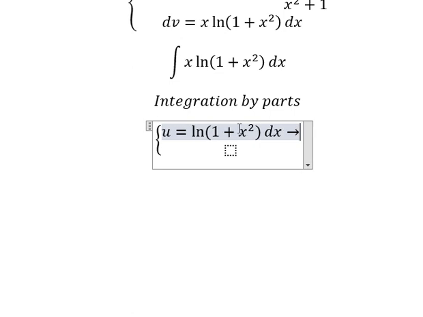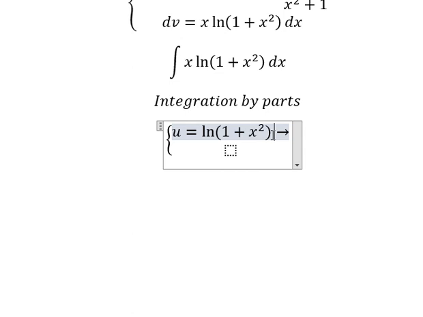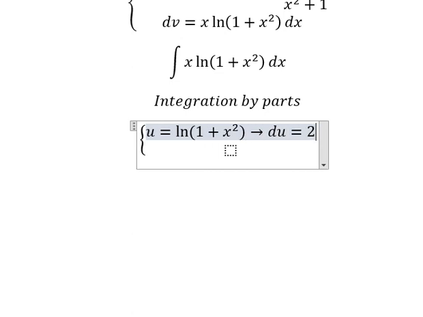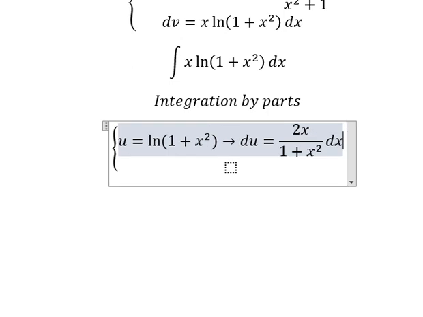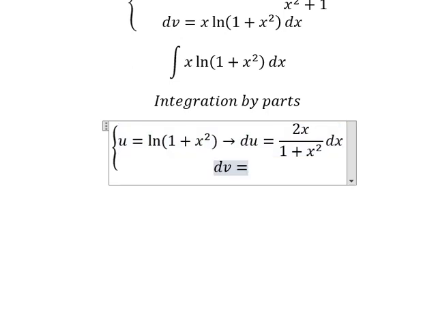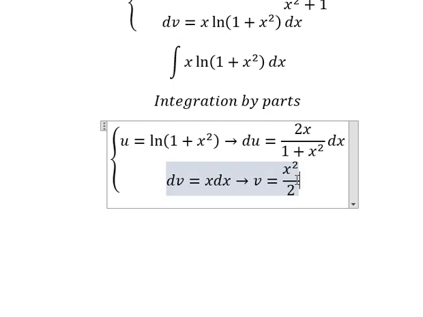If we first do the derivative of this one, we have du equals 2s over 1 plus s squared ds. dv is s ds. The integration of this one, we have v equals s squared over 2.